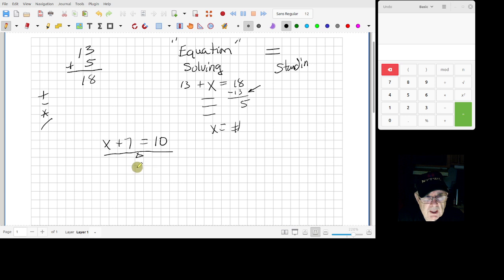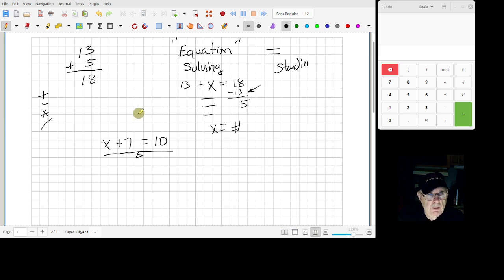I'm loosely translating, but that's basically what it boils down to. So this is like a teeter-totter or a balance in a laboratory somewhere. This weighs as much on the left as it does on the right. So that's an equation. It must be numerically equal, otherwise it is not an equation.